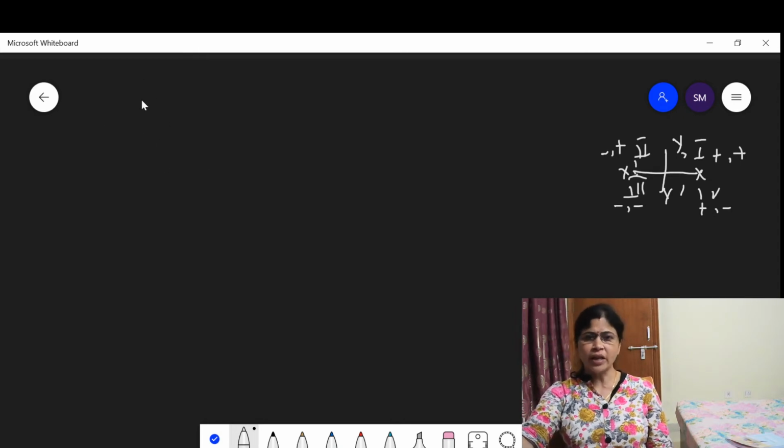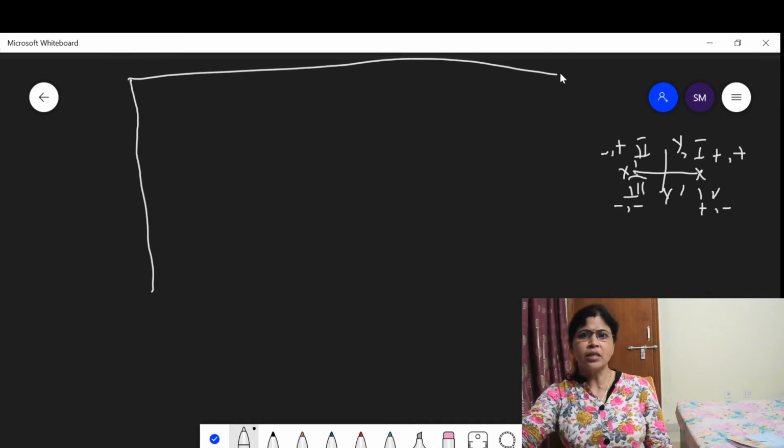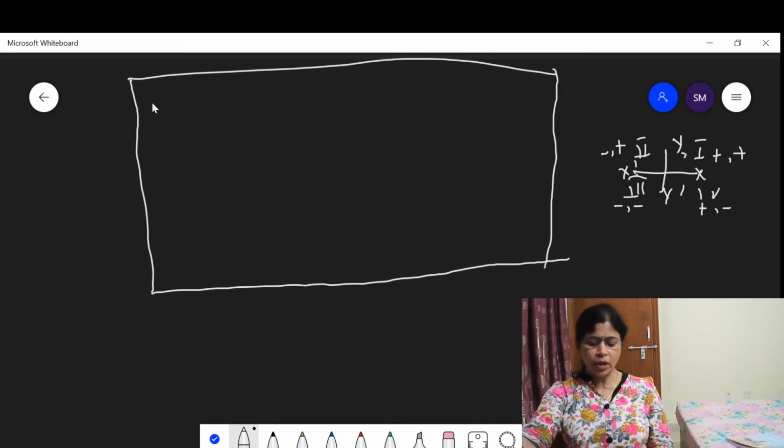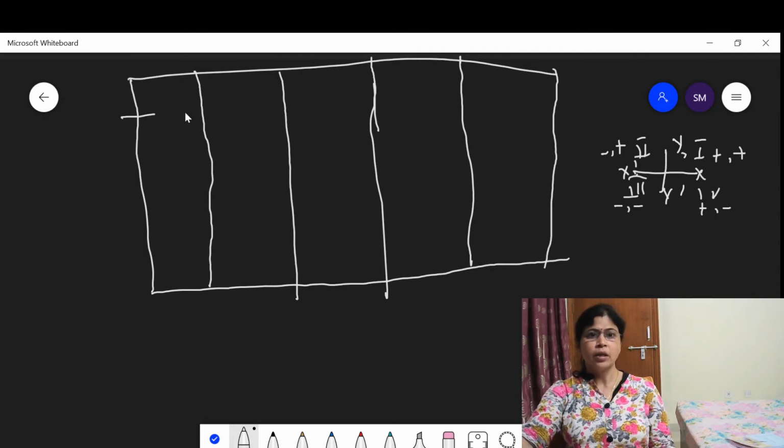And look at the table here. Students, be careful while I discuss the values of the trigonometric functions in all four quadrants. This is for the first quadrant, this will be the value in the second quadrant, this is for the third quadrant, and this is finally the fourth quadrant.